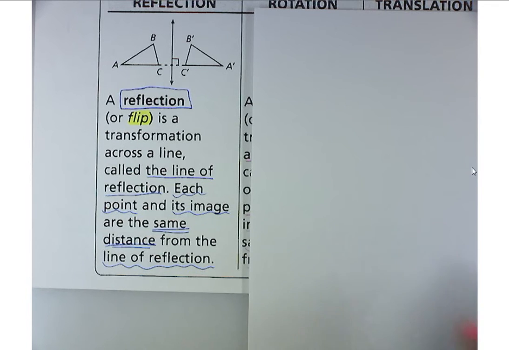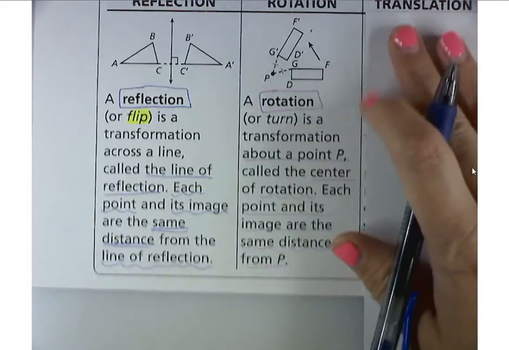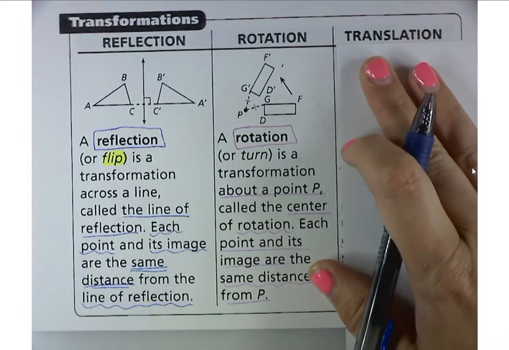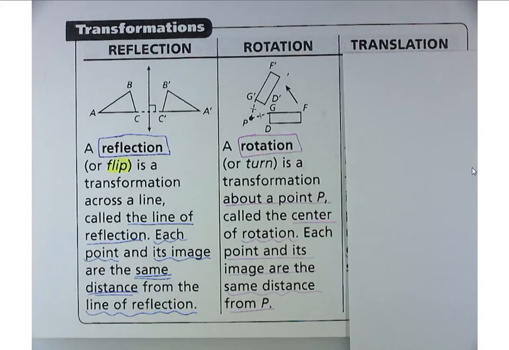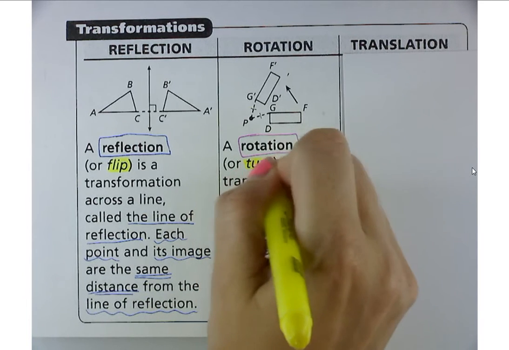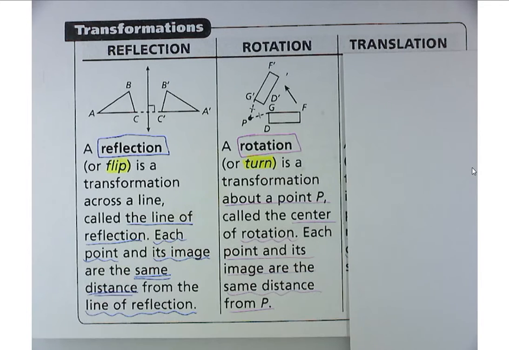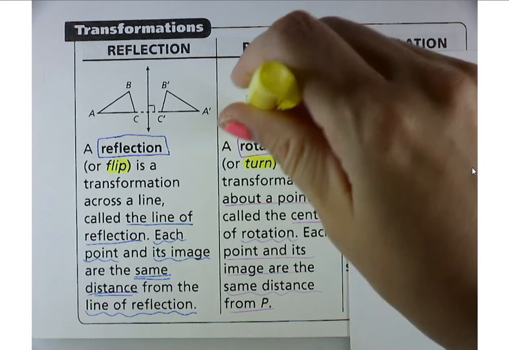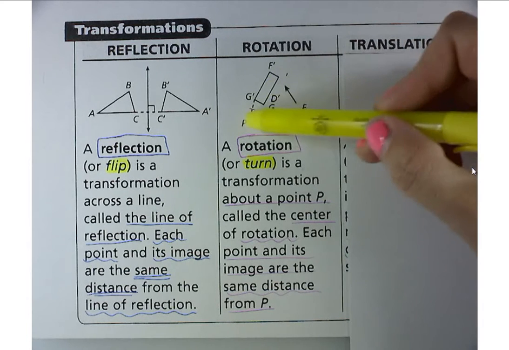The next thing is a rotation. So a rotation or a turn is a transformation about a point P. So when we say about a point, that means that's what you're turning it around. Okay, so if you look in the picture, here's my point P. Everything is going to be rotated around that point.